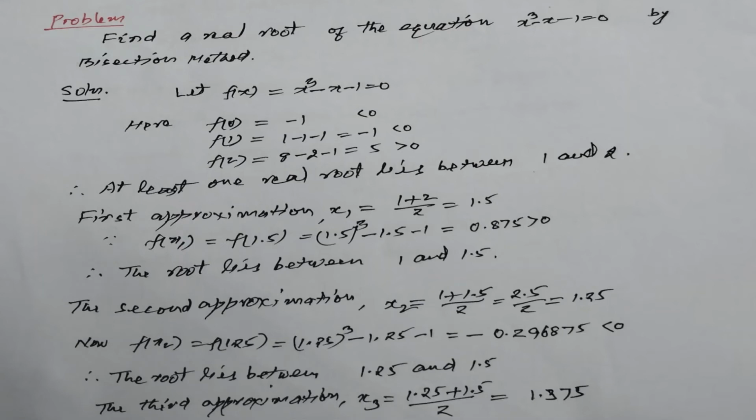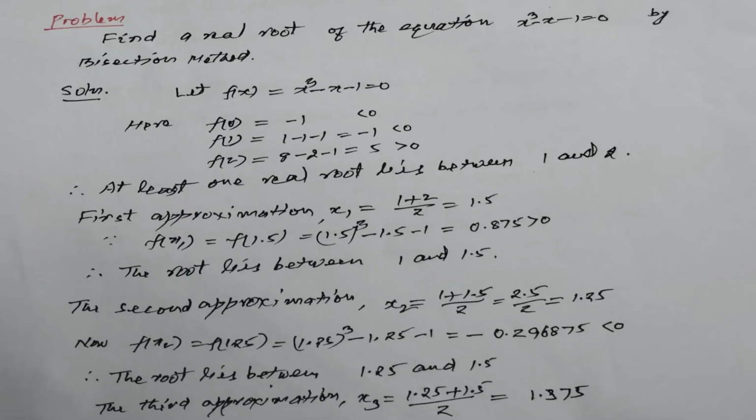On simplification, it becomes minus 0.29685, which is negative, less than 0, and therefore the root lies between 1.25 and 1.5, because f(1.5) was positive and f(1) was negative.